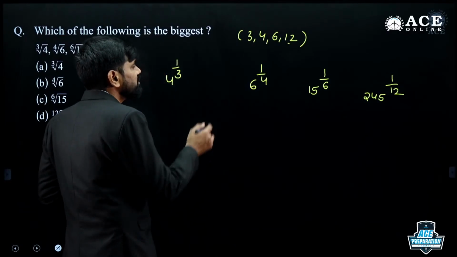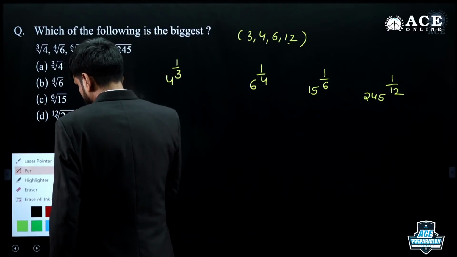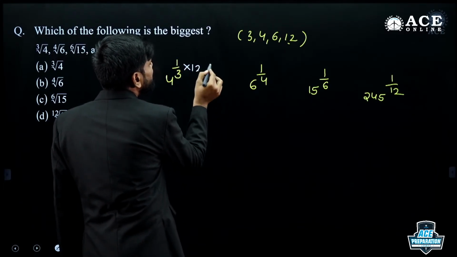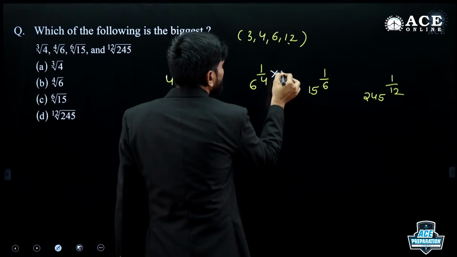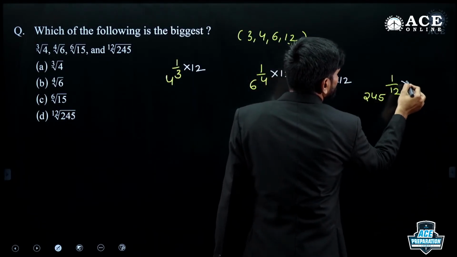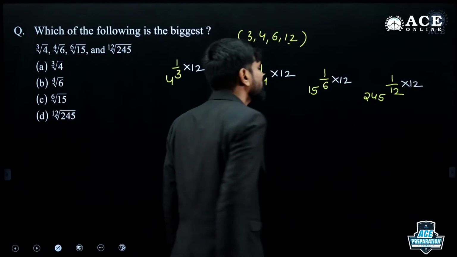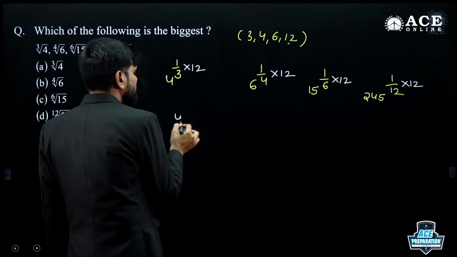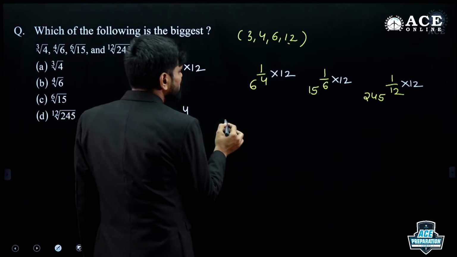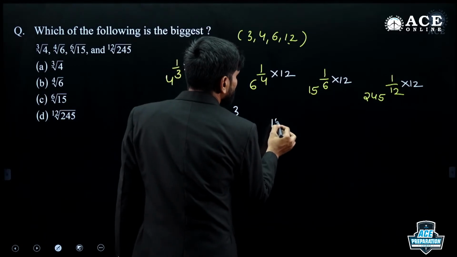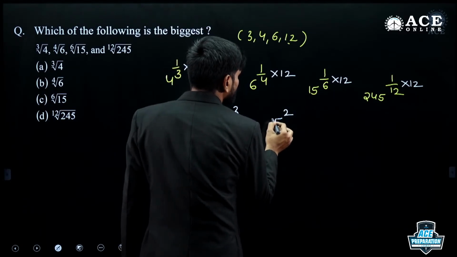So here the LCM is 12, I can directly say. If you know that the LCM is 12, you can simply multiply. Going ahead with 3 fours, that will give you 4 to the power of 4. This is 6 to the power of 3. Next, 15 square.